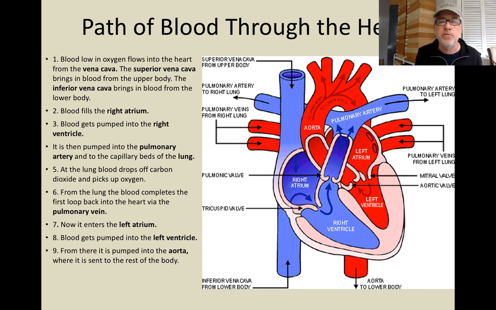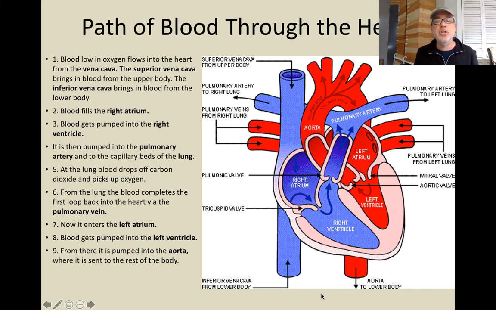And that's really useful because you never know the diagram you're going to get when you get to a testing situation. And in addition, when you see actual animals, it doesn't look like the diagram at all. So it's good to have a nice picture in your brain of what the theory is, and then you can figure it out when you're actually looking at something like a real human heart or a sheep heart or a pig heart. So hopefully all these duplicated diagrams are going to be helpful for you in learning this material.